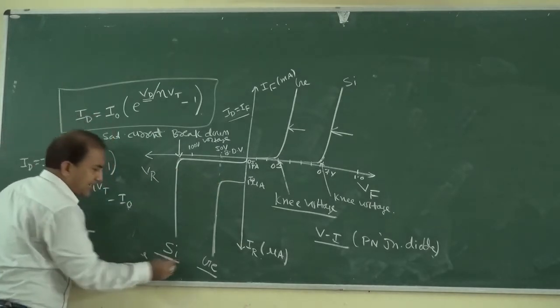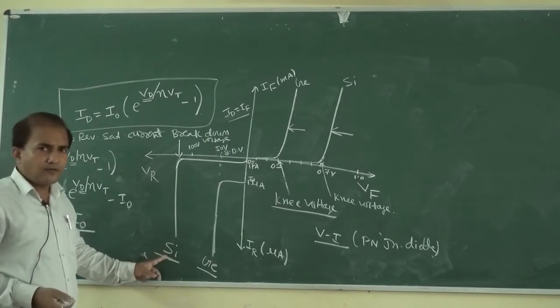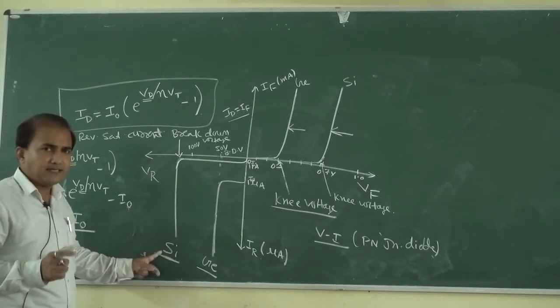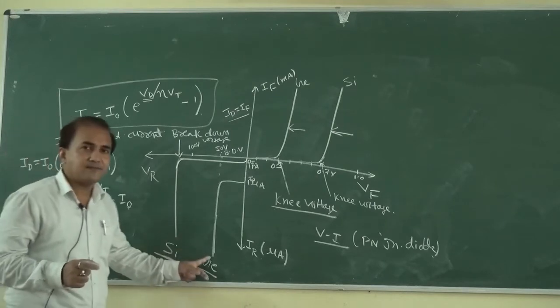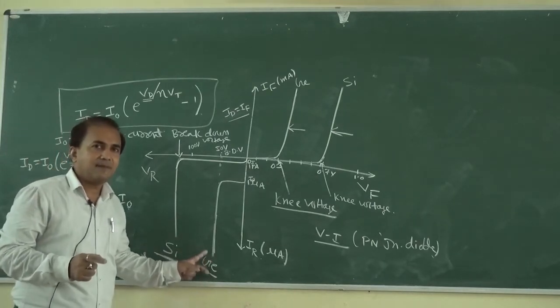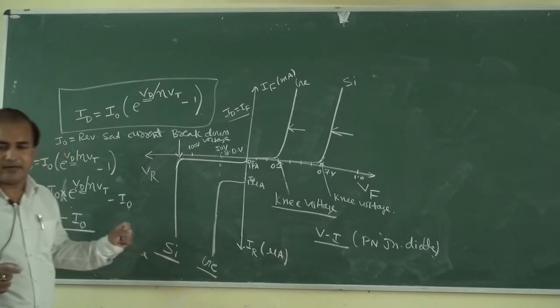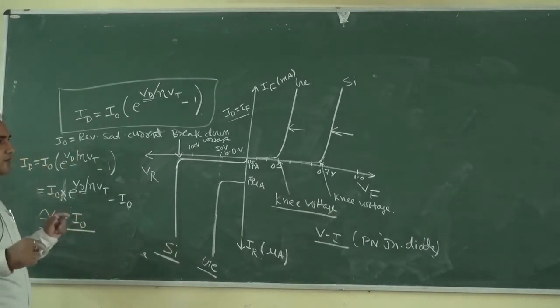And the reverse breakdown voltage of a silicon PN junction diode is higher as compared to that of a germanium PN junction diode. Is this clear to all of you?